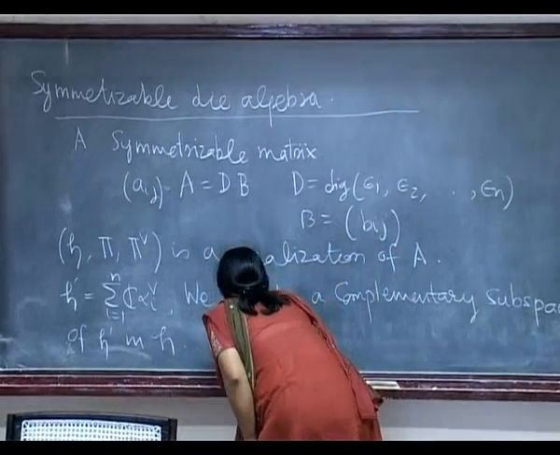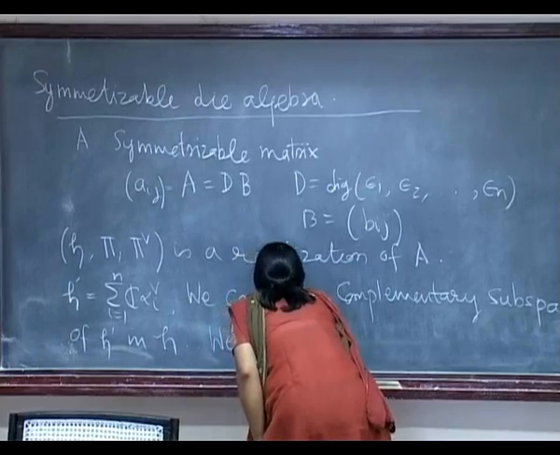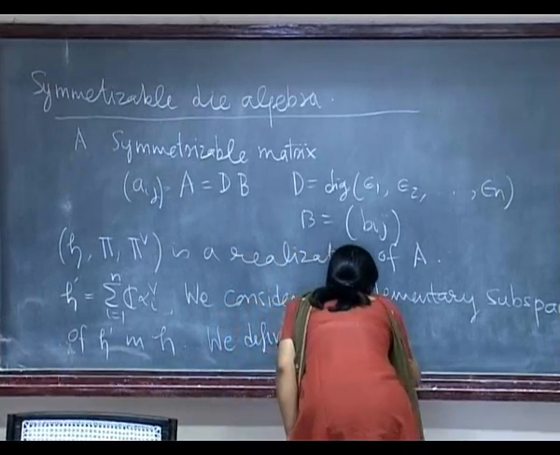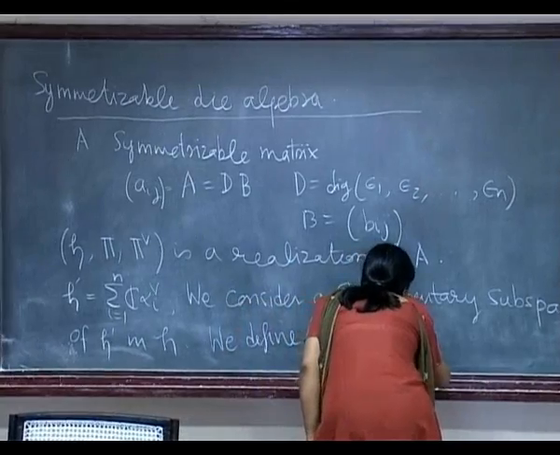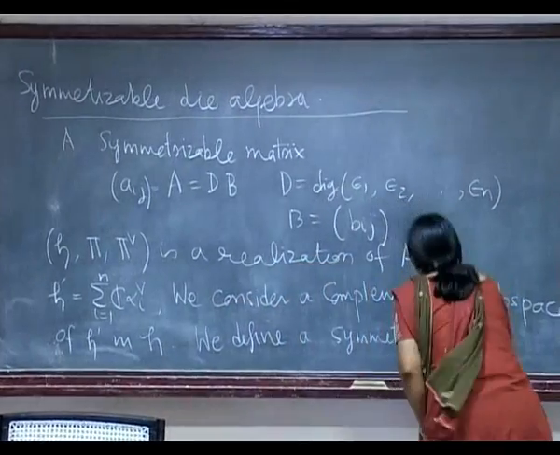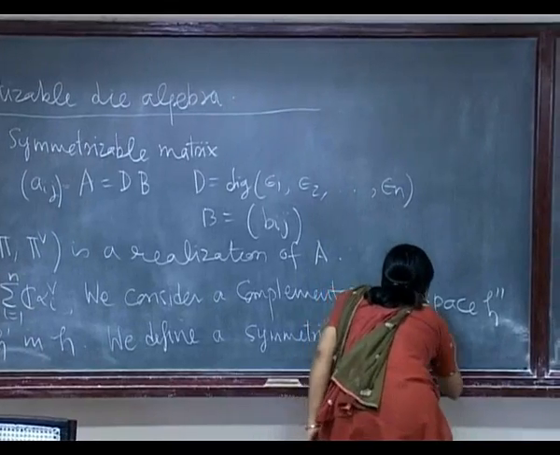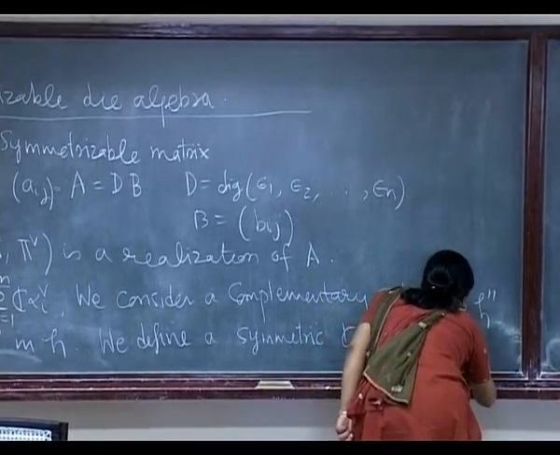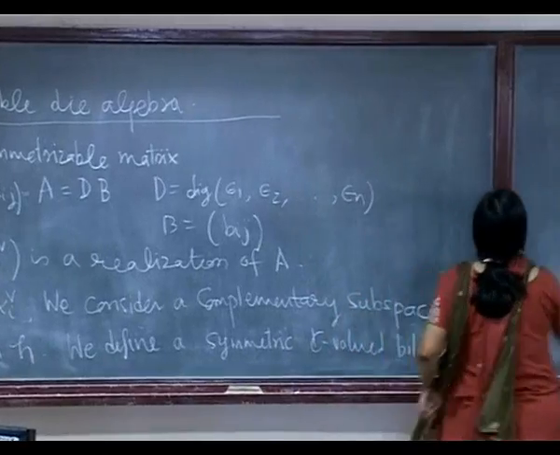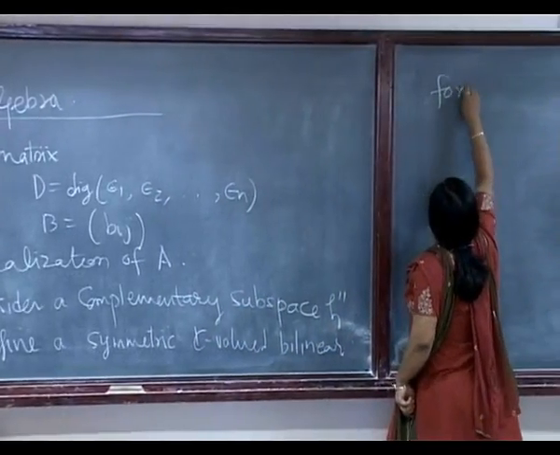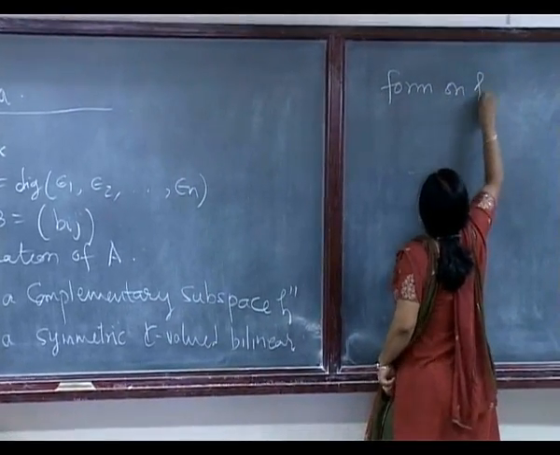And we define a symmetric complex valued bilinear form on h.